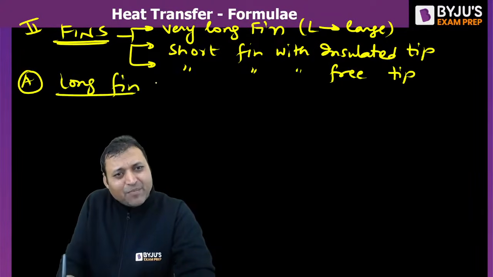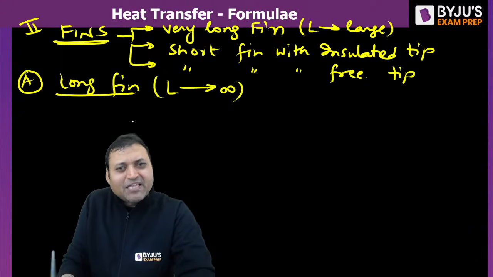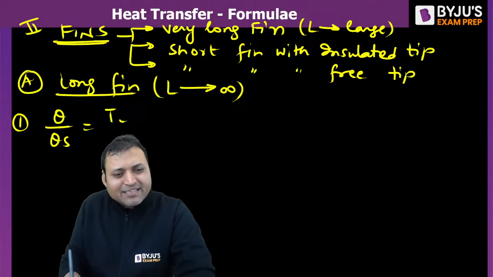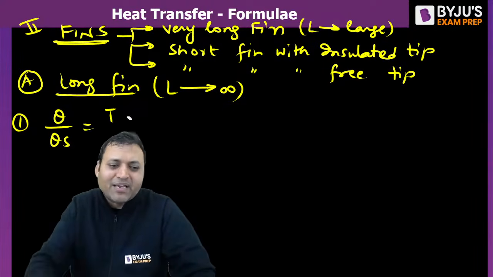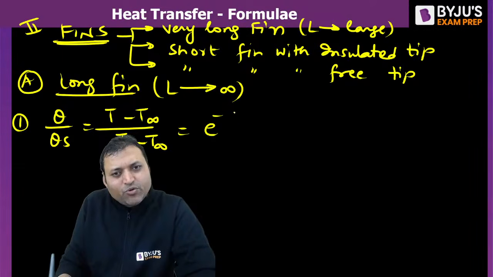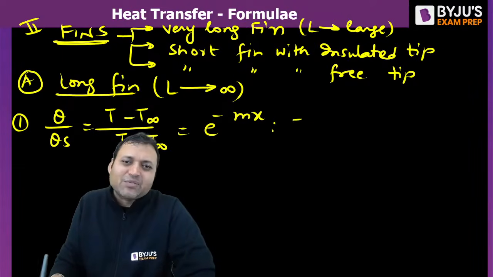What is the nature of temperature profile if the length of the fin is very large? Theta upon theta s, that is T minus T infinity upon Ts minus T infinity, is e to the power minus mx, that is exponential.